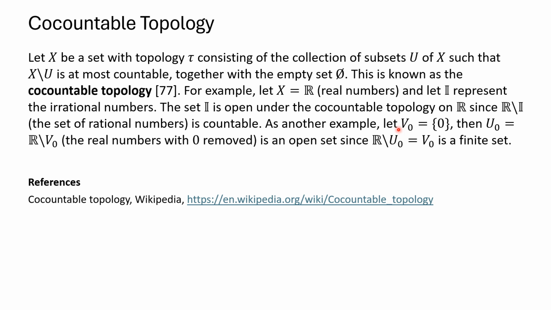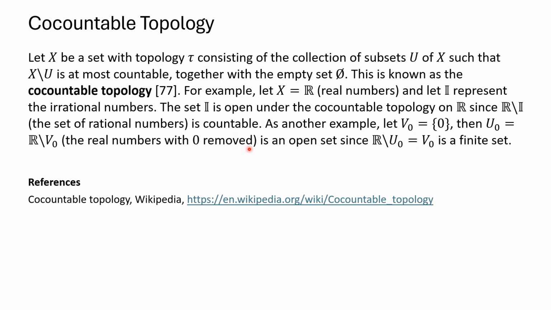If we take V sub 0 to be just a set with 0 in it, and then U sub 0 equals the complement of V sub 0 in the real numbers, in other words, the real numbers with 0 removed, then this U sub 0 is an open set, since its complement is finite. So a little bit of misdirection here. You need to think twice when you read some of these examples.